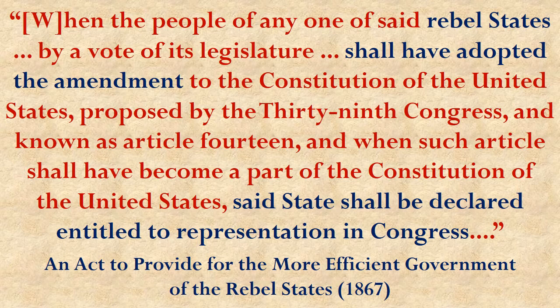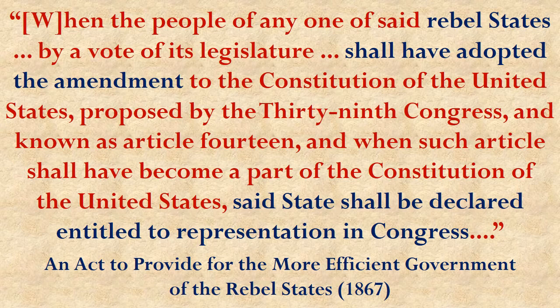subjugated under the government of the United States, would have to adopt specific amendments that the national government had suggested be added to the Constitution. It was only after the rebellious states had accepted those amendments that they would be entitled to be again represented in the Congress of the United States.